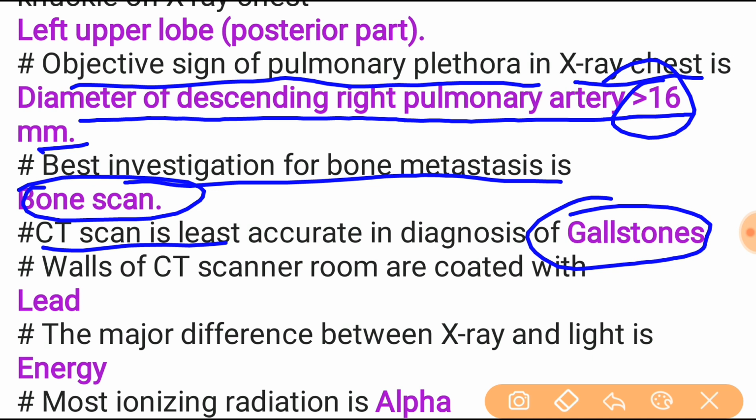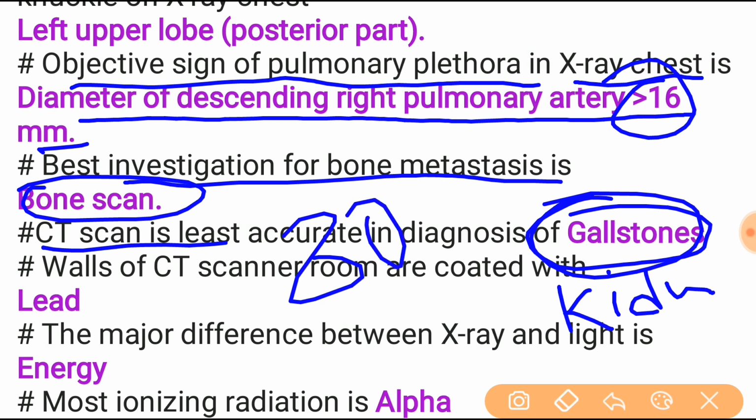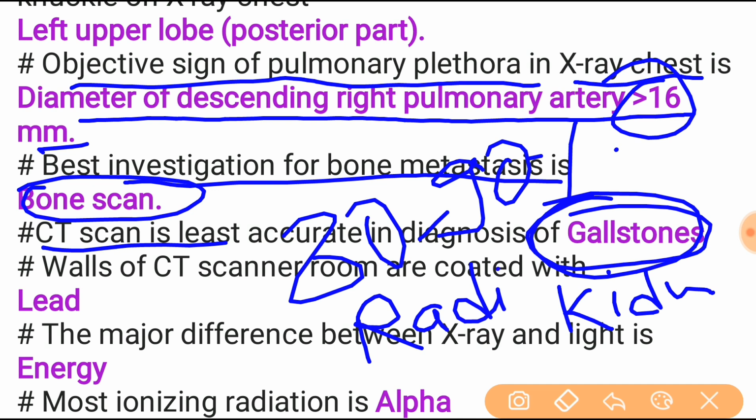Here you have to remember gallstone and kidney stone. 80 to 90% of gallstones are radiolucent.